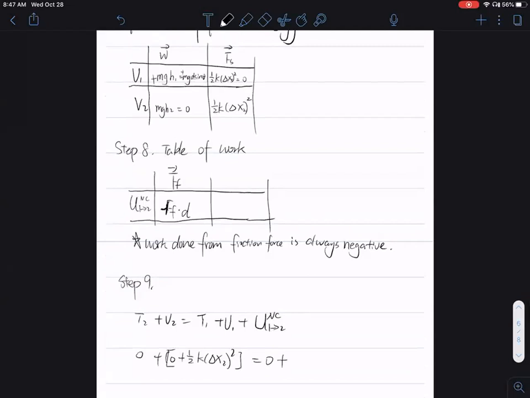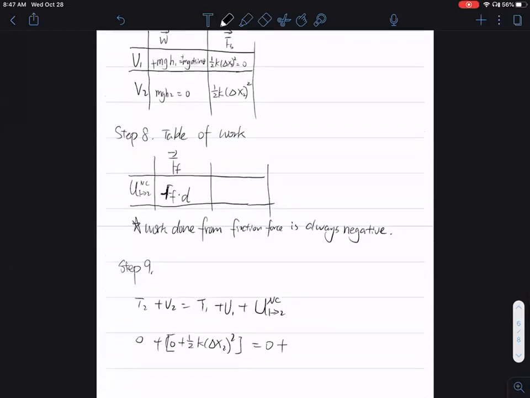If you look at the table, that's mg sine theta times d plus 0. Okay. I have one more term, that is the work done from non-conservative forces. We know that work is negative friction force, Ff times d.